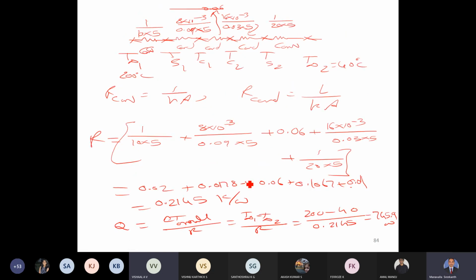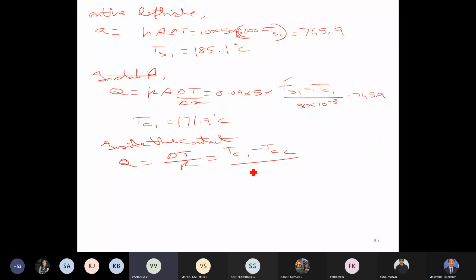I have found the resistance to be 0.06, so we can use that value, equal to 745.9. Now we know TC1 is 171.9, so we can find TC2, which should be 127.1.